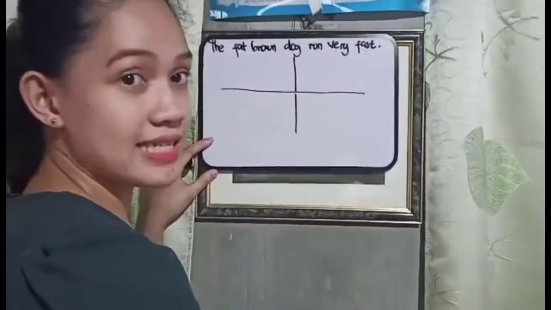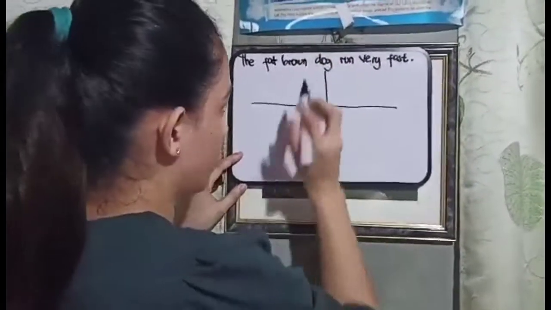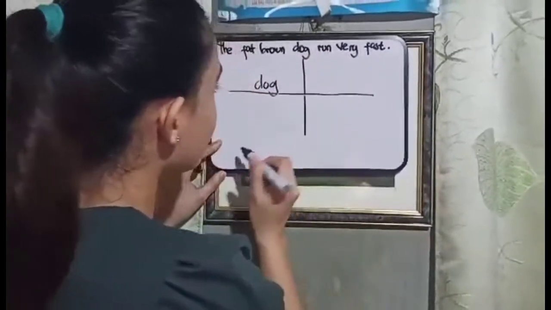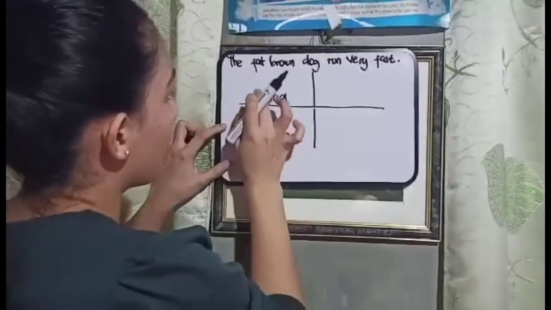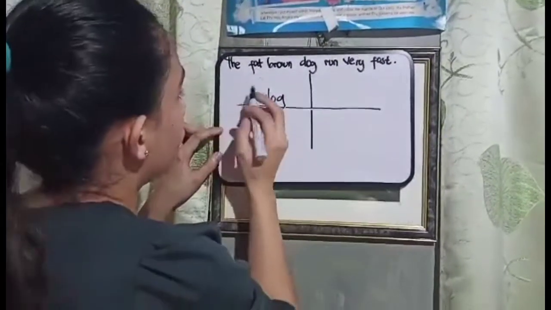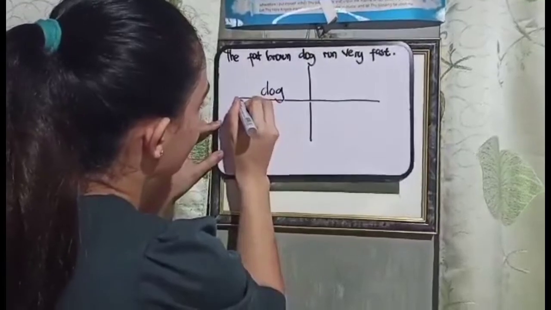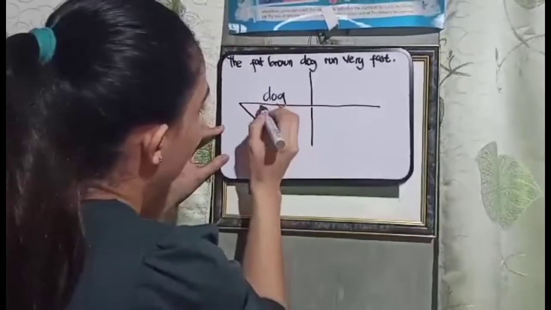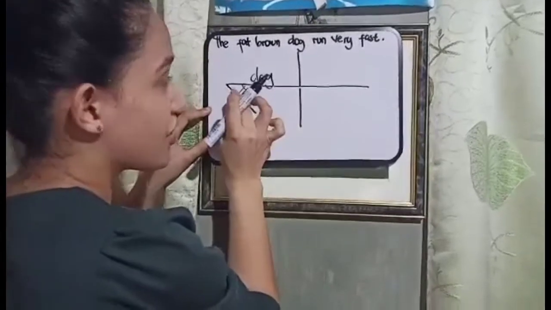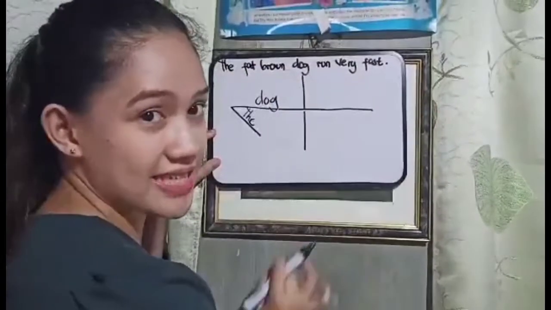In this sentence, dog is our subject. Let's write it here on the left side. Below this subject, which is dog, let's draw a slanted line here and write the article The with a capital letter because The is the beginning of this sentence.